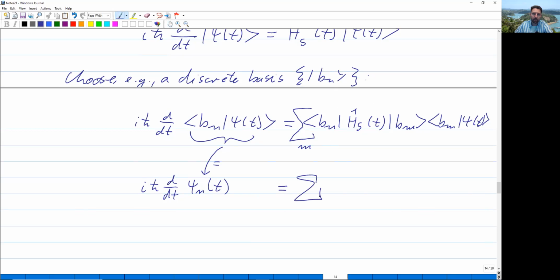Sum over m, the matrix elements of the Schrödinger Hamiltonian, and here we have psi m of t, because that's again this overlap here. Right, so this is the Schrödinger equation in a basis.